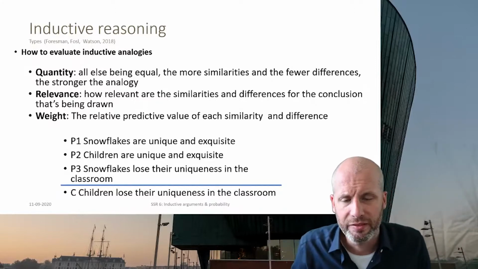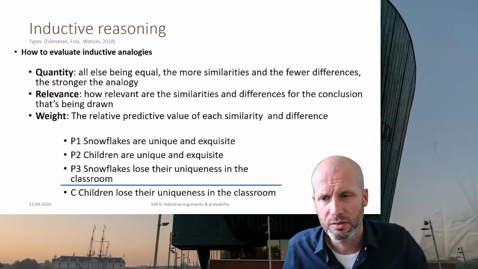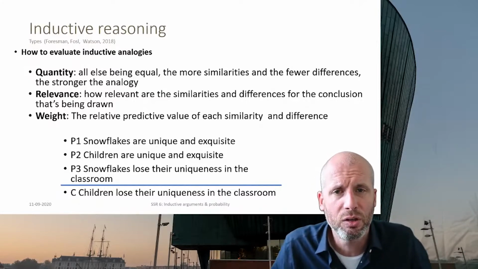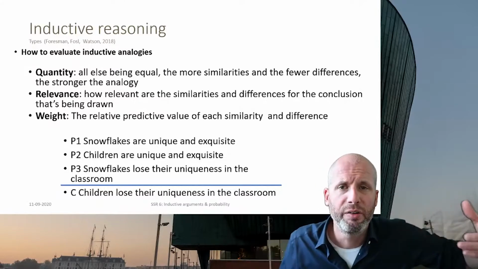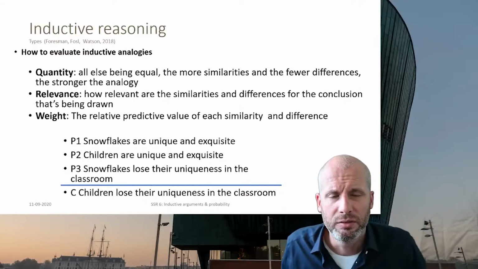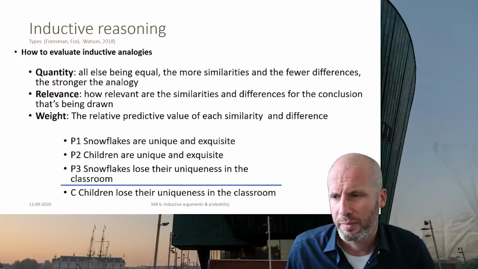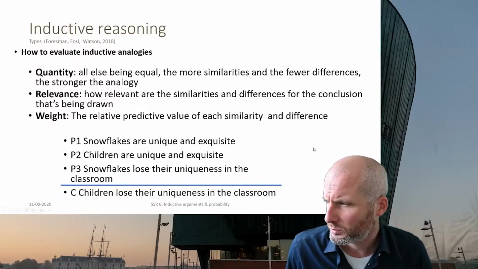So how predictive is it of having a certain characteristic for being something else? So the fact that you're unique, must that mean that you're like a snowflake in all other respects? If that's the case, then being unique is a very predictive property for being a snowflake or being something that could melt, or could lose their uniqueness in the classroom.